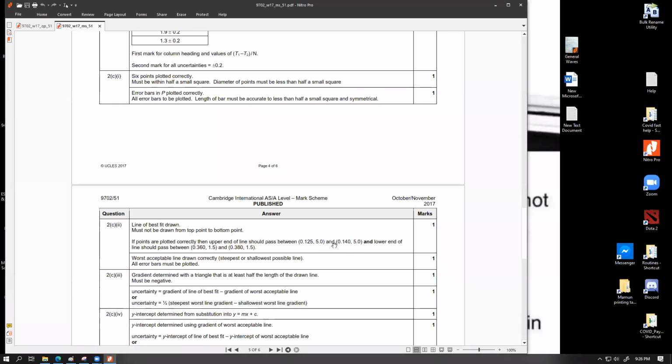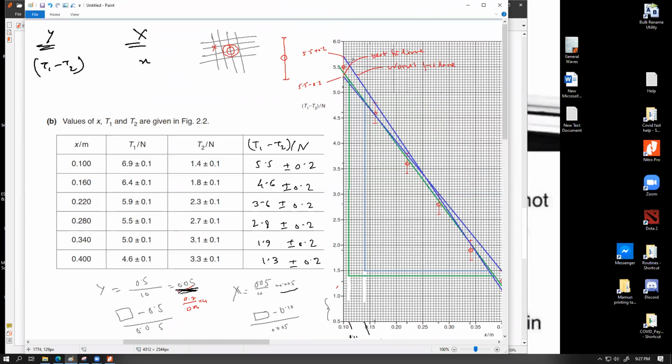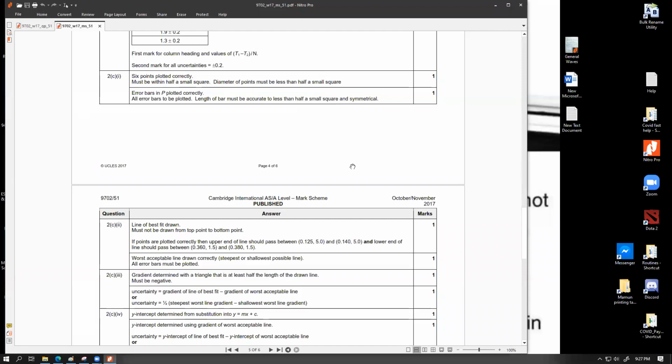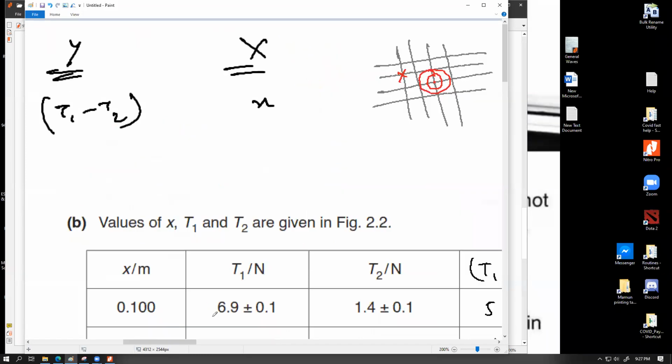I will explain this a bit, so this will be a bit meticulous, but bear with me. 0.125, 5.0: let us find these points. 5.0 is here, 0.125 is in the middle of this, some point like this, about two and a half boxes. And 0.140 and 5.0, 0.140 is at this point. So let me zoom in.